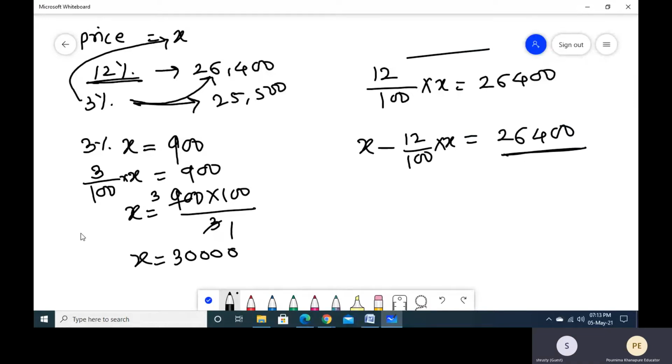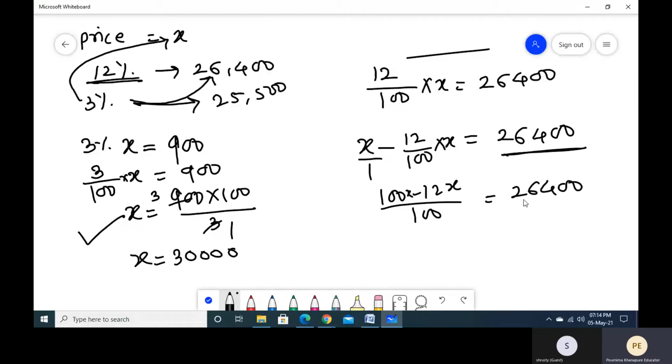Here calculations are very few, here calculations are more. You can do it like this. So what we have to do over here is 100x minus 12x upon 100 is equal to 26,400.